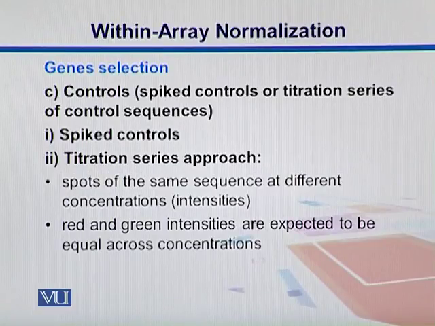In the second scenario, you can take the spots of the same sequence at different concentrations, and then your red and green intensities are expected to be equal across different concentrations. So you can have different concentrations of the sequences, and then you can see the red and the green, how they are behaving at those different intensities and concentrations. Here you can try to neutralize the effect of those dye biases.